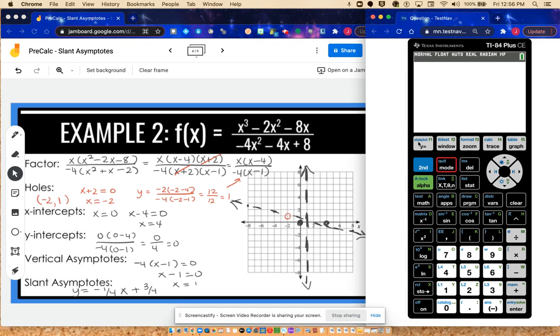Last but not least, we're going to type this all in and see what we can do. We get x to the third power minus 2x squared minus 8x divided by negative 4x squared plus 8.